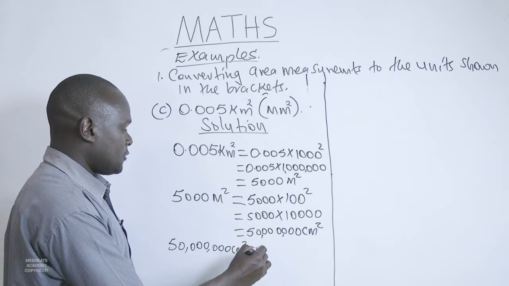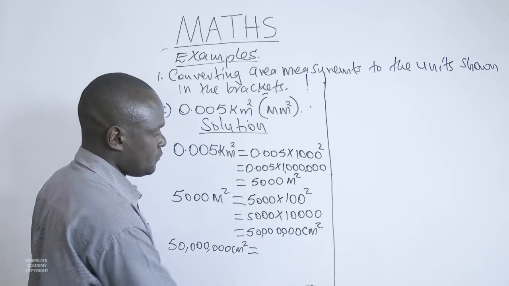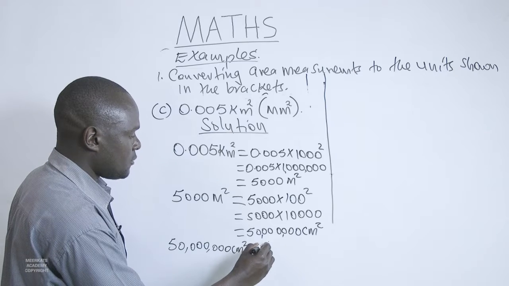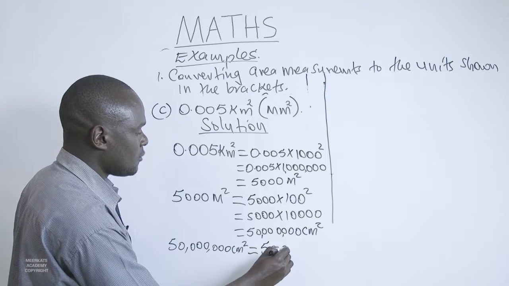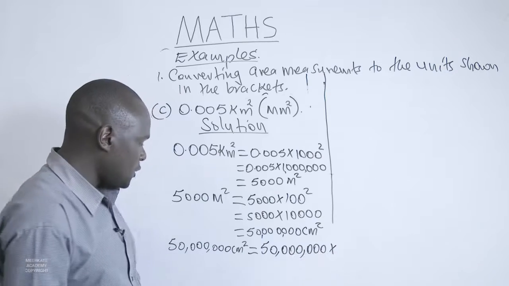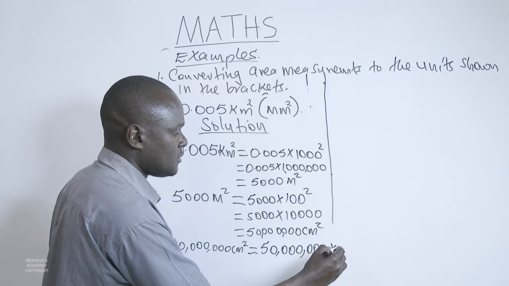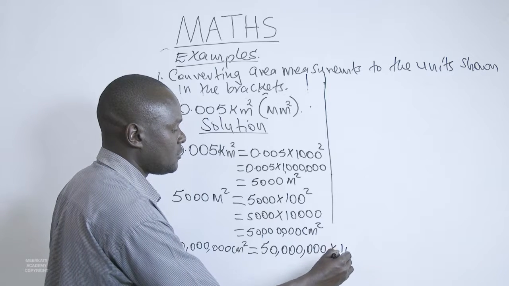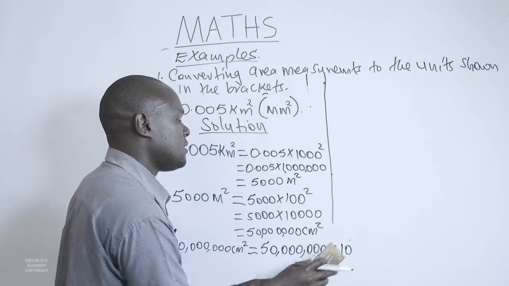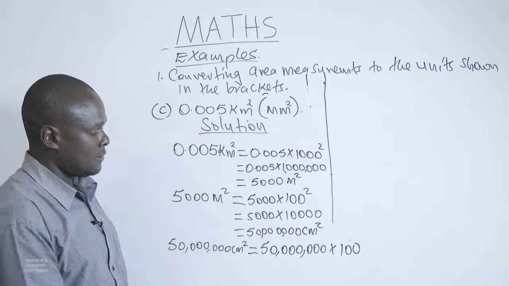Still, it involves multiplication. The number is a bit long. To change from square centimeters to millimeters, it is through multiplication by 10 squared, which is the same as 100, which is 10 times 10.